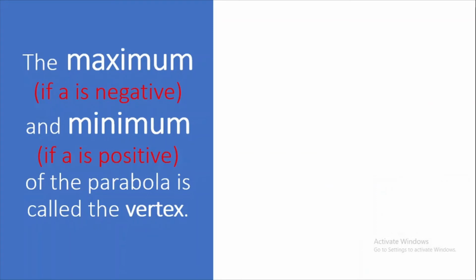So, the maximum, okay, yung pinaka-highest point, is if our A is negative. Wherein the minimum, if A naman is positive, of the parabola is called the vertex. So, other than the terms maximum and minimum, we also call it the vertex of the parabola.